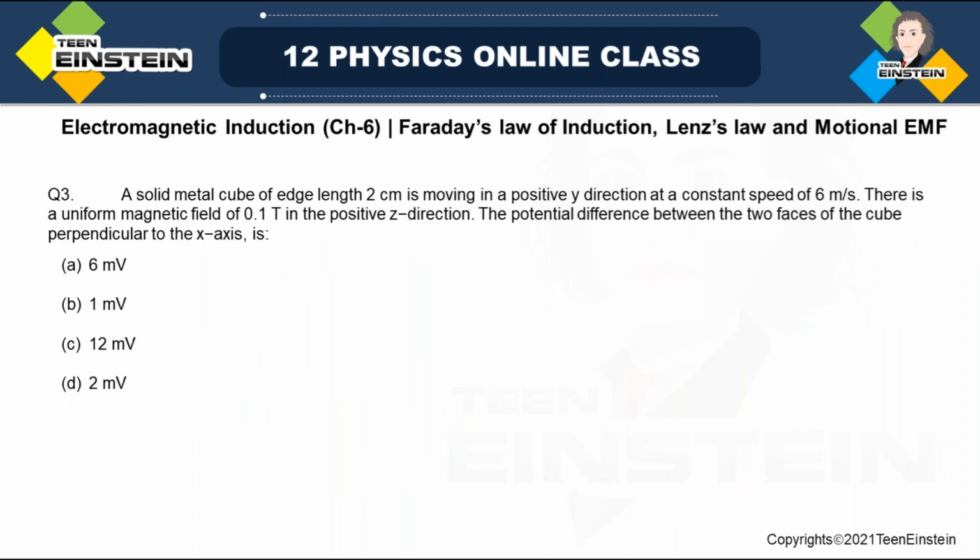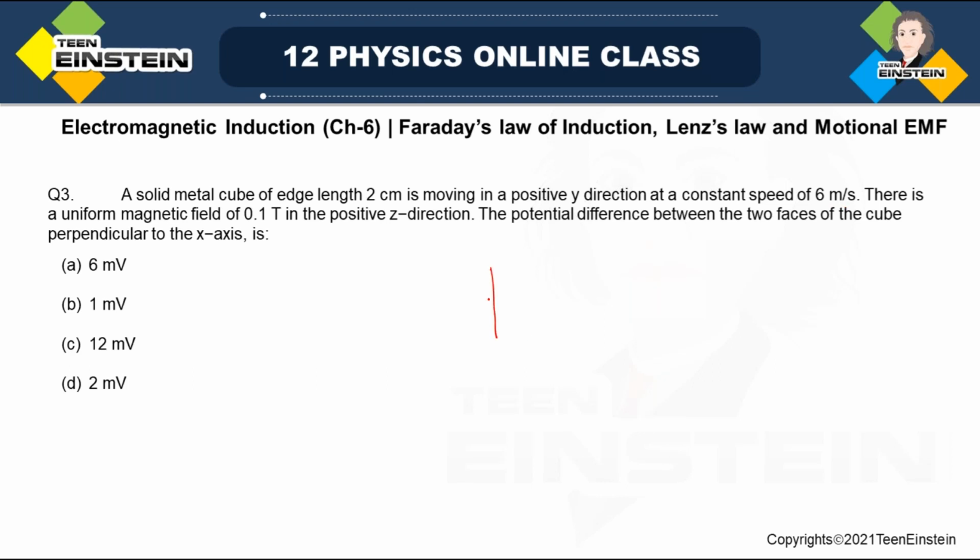Now let us solve the third problem. The third problem states that a solid metal cube of edge 2 centimeter is moving in a positive y direction at a constant speed of 6 meter per second.